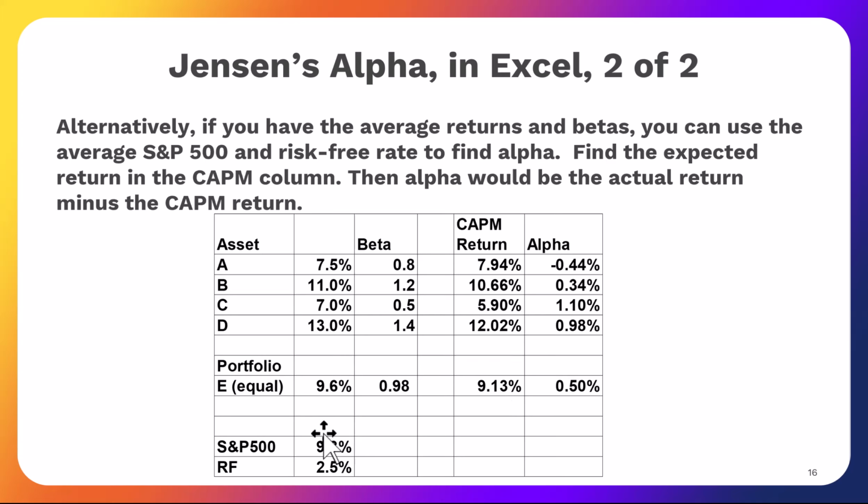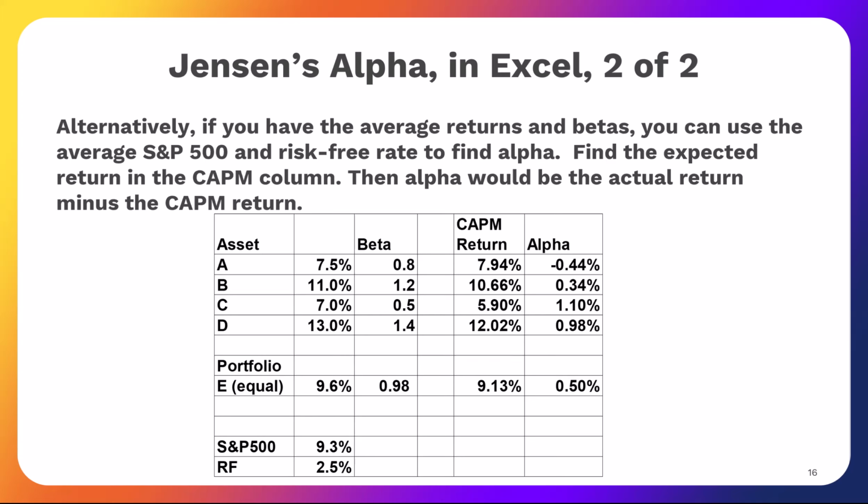CAPM is what you expect or what you want to earn. We have our Standard & Poor's 500, 9.3, risk-free is 2.5%. Now if alpha is positive, it means it performs better than CAPM. If alpha is negative, it means it's worse.